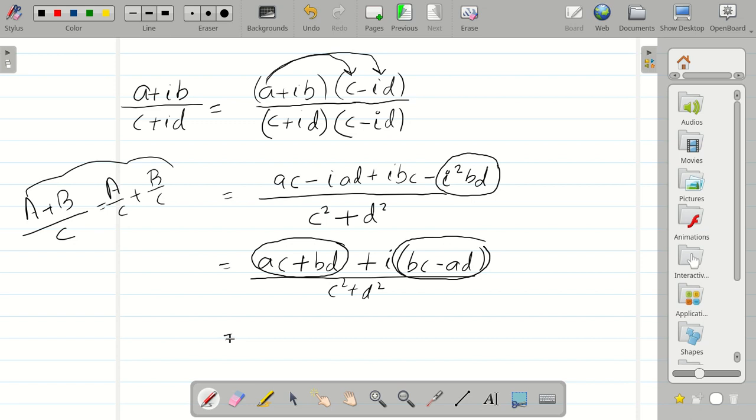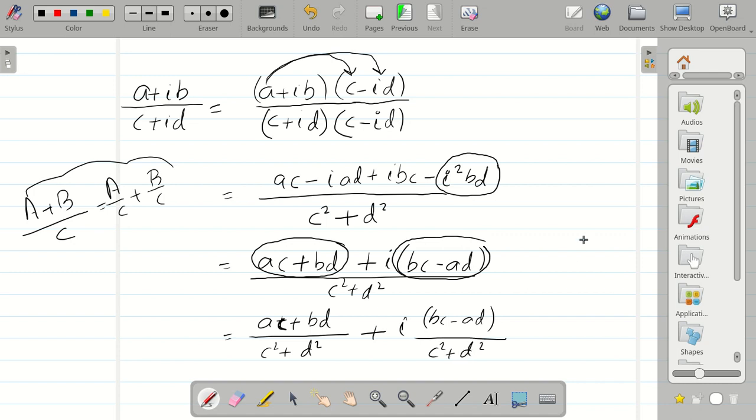So I'm going to apply the same algebraic method and write this as (ac plus bd) over c square plus d square, plus i times (bc minus ad), whole divided by c square plus d square.